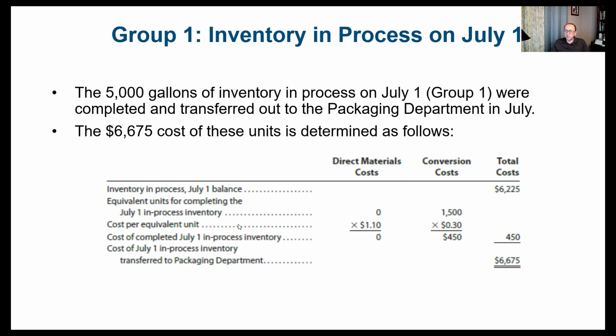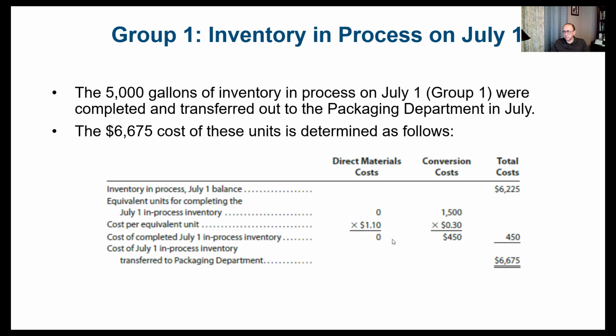conversion cost. So the cost per equivalent unit for direct material was $1.10, and for the conversion cost it was only 30 cents. So multiply each by its cost per equivalent unit, and you will get the cost of completing the July 1st in process inventory.